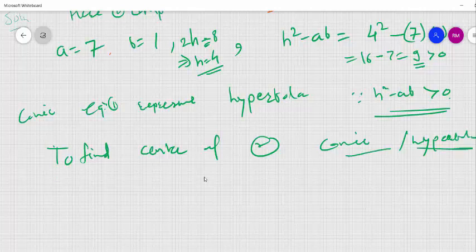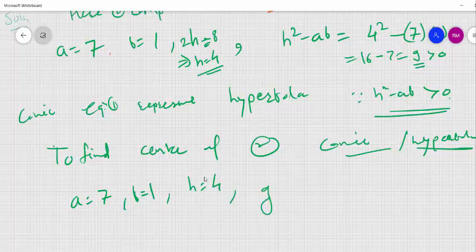So what is the formula? The formula contains h, b, g, a, b, like this. So we already got a equal to 7, b equal to 1, h is equal to 4.